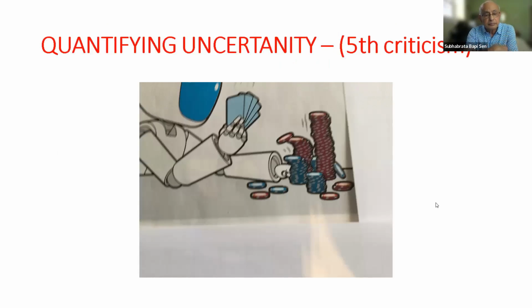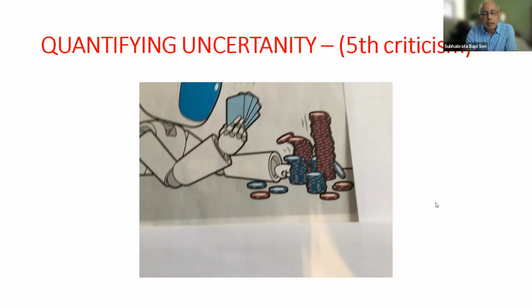Fifth criticism of AI is quantifying uncertainty. What happens in the AI case, you use it to quantify uncertainty. But what happens when you quantify uncertainty?